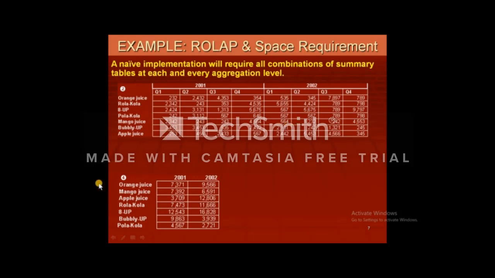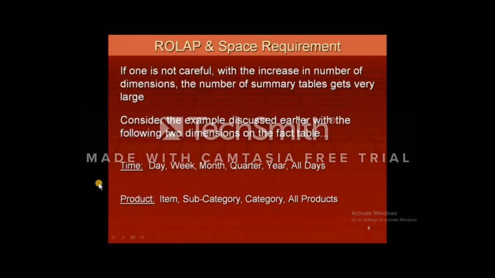And if we go back, it means the first summary table is between this hierarchy and this hierarchy. So the items' sales values are being calculated according to the quarter of each year, and the second summary table is between this hierarchy and the year hierarchy.